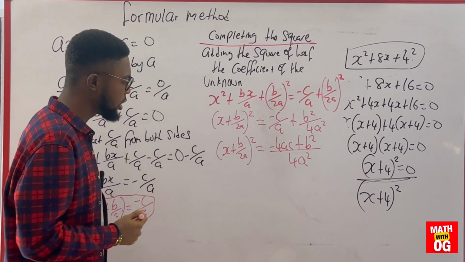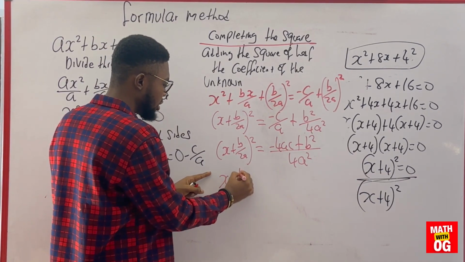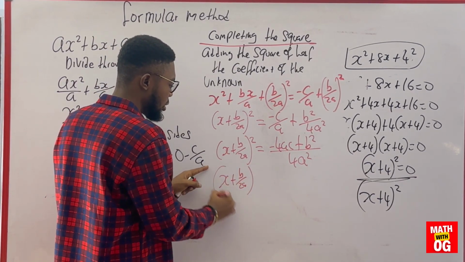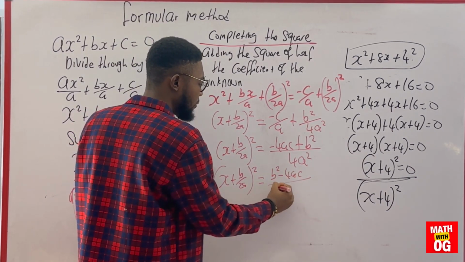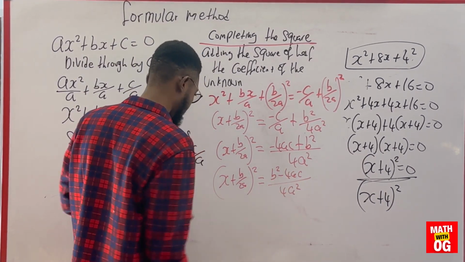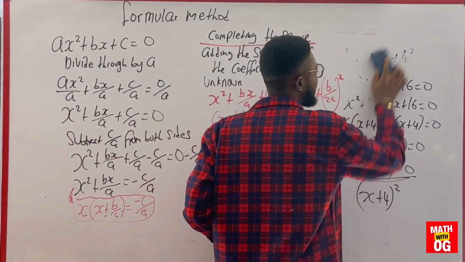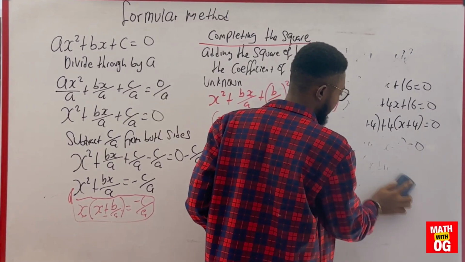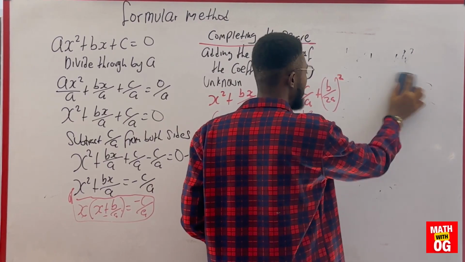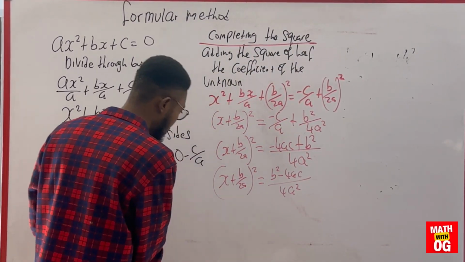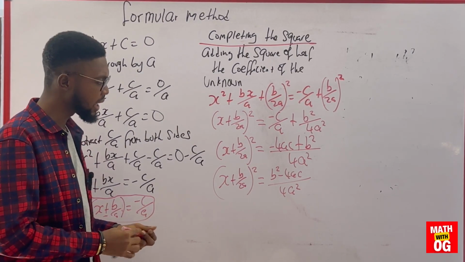Now, still on the proving, I can rearrange this to be x plus b over 2a all squared equal to b squared minus 4ac all over 4a squared. Now I believe you agree with me that we can easily take the square root of both sides, and the square root of a number is positive or negative of that number.